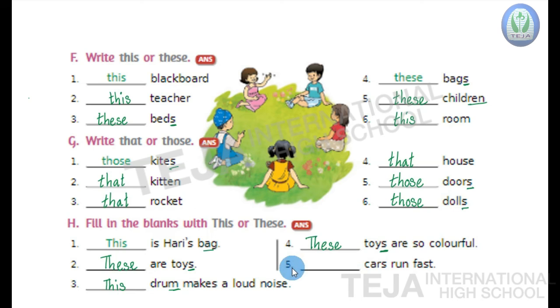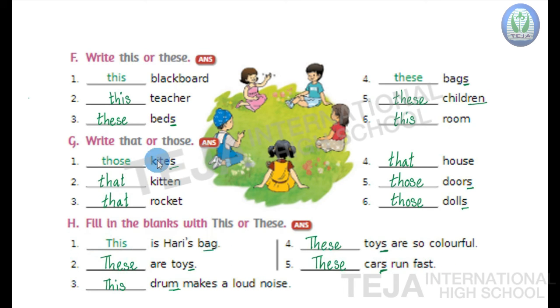Now the last fifth one, children, dash cars run fast. Cars. More than one car is there. Plural form of car. So we use the word these. These cars run fast. Okay.